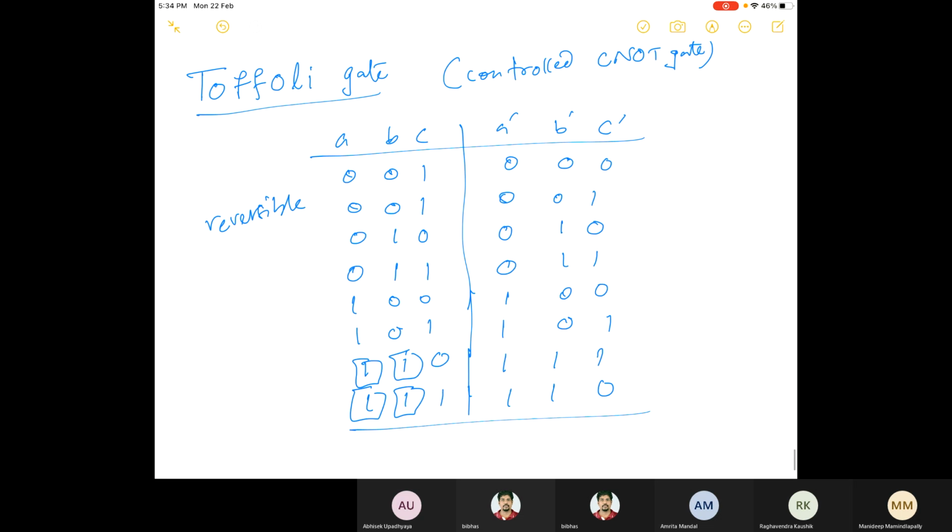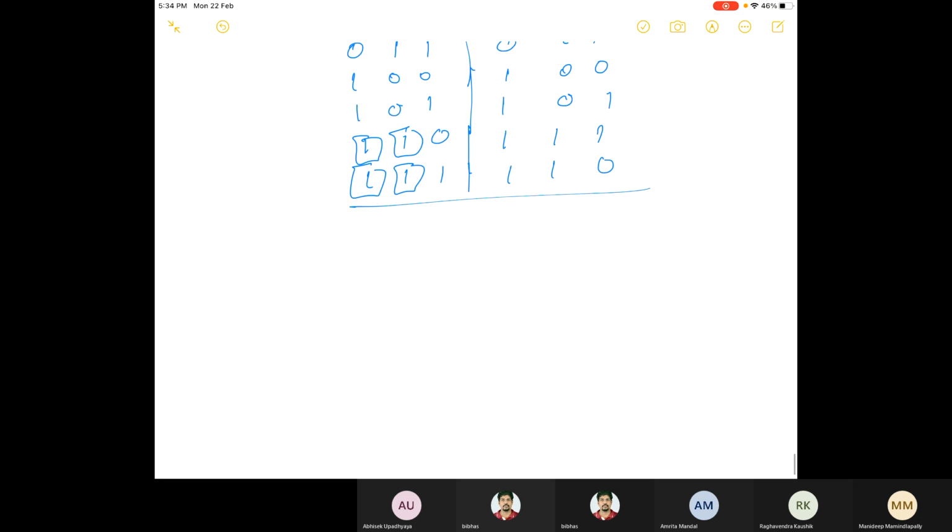Another example of a reversible gate is something called the Fredkin gate. The input and output are like this: A, B, C, and A dash, B dash, C dash.